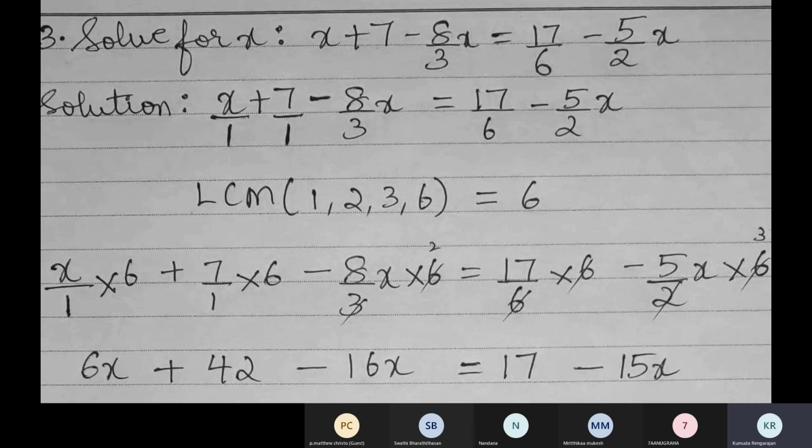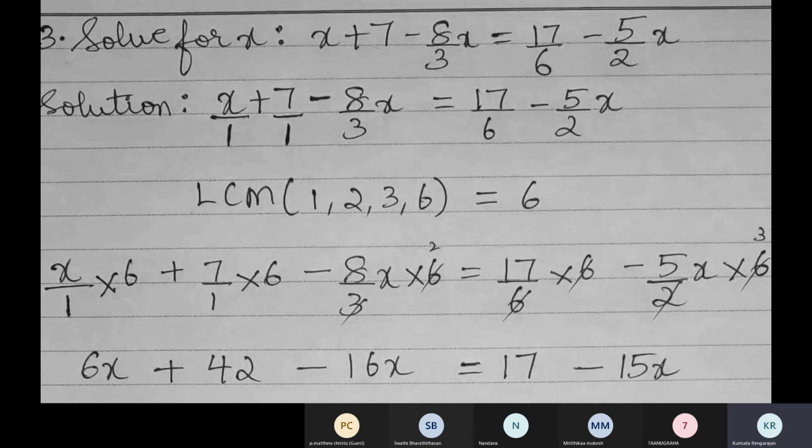Can you simplify 42 with 6x? No, ma'am. 42 with minus 16x? No, ma'am. Then what can be simplified in the LHS? Ma'am, 6x minus 16x. Yeah, 6x minus 16x can be simplified because both are x terms.